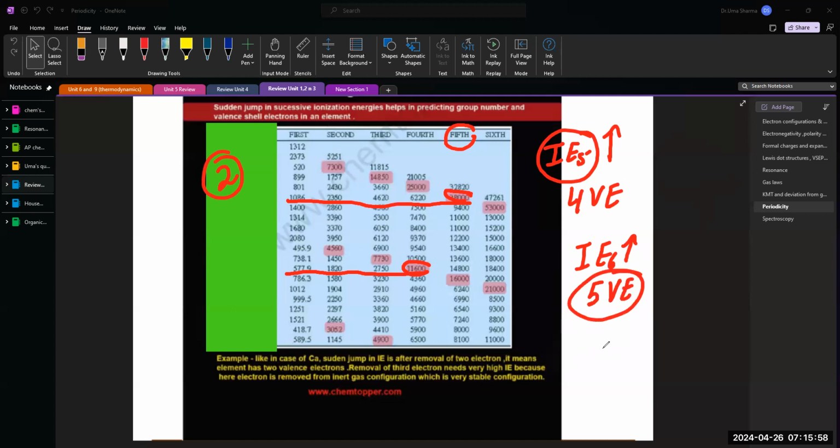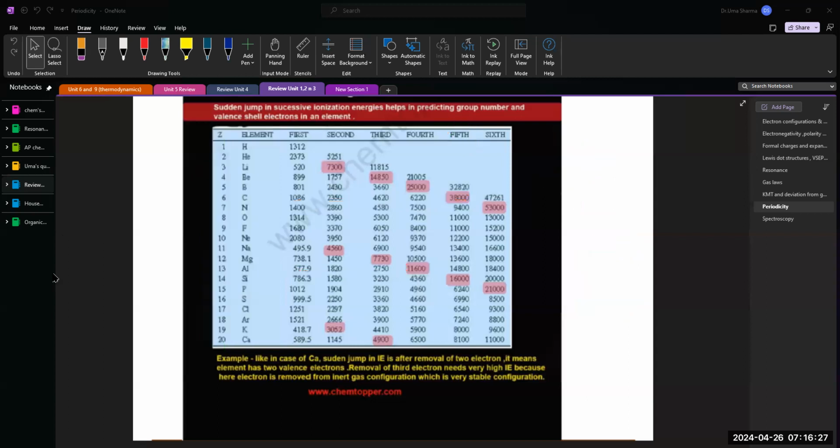If the seventh is very high, then it's the oxygen family. If the eighth is very high, then it's your halogens. And if they say the first ionization energy is exceptionally high, it's noble gases, because noble gases are already in an inert configuration. So we are good with this.